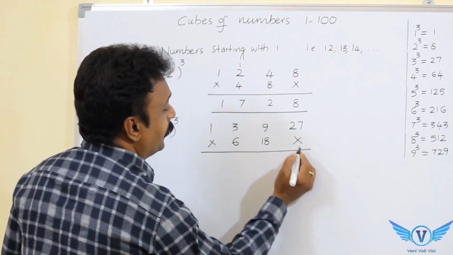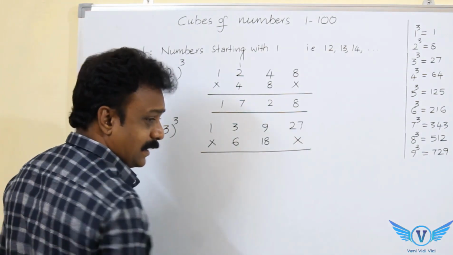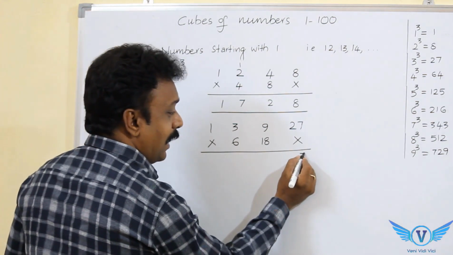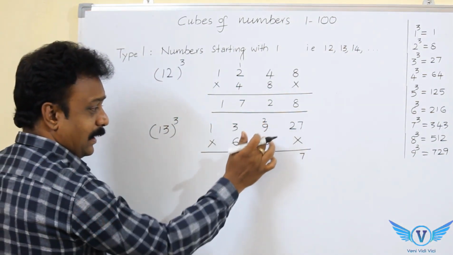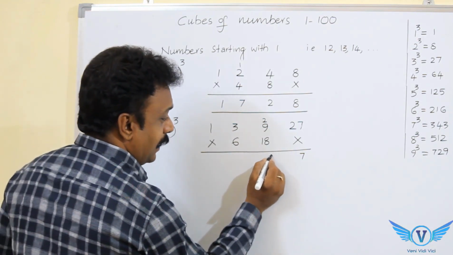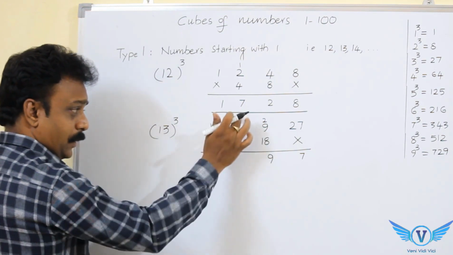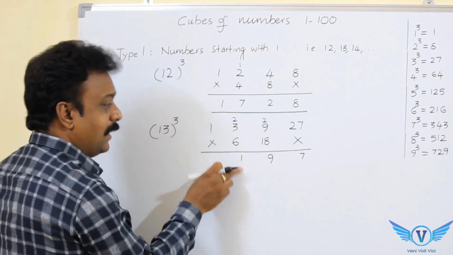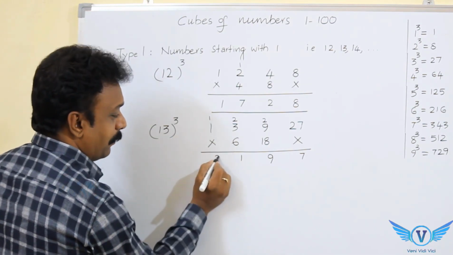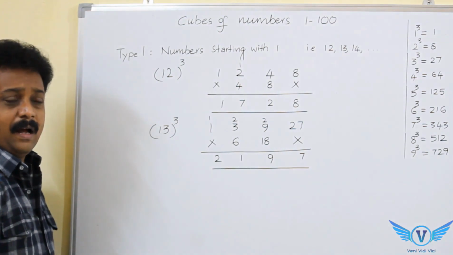Now let us add. Here this means 0. 27 plus 0, 27. But we write 7 and 2 will be carried forward. 2 plus 9, 11. 11 plus 18, 29. But we will write 9 here and 2 will be carried. 2 plus 3, 5. 5 plus 6, 11. And we will write 1 here and 1 will be carried. 1 plus 1, 2. So 2197 will be your answer.